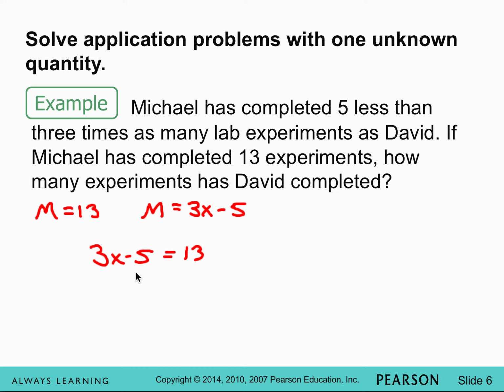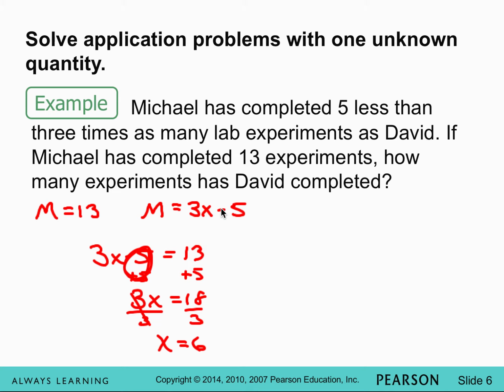Okay, now solve the equation, add 5 to both sides. So 3x equals 18. Divide by 3. X equals 6. And what is x? Oh, x must be David. I should have used a D, right? Got caught up in my own thing.